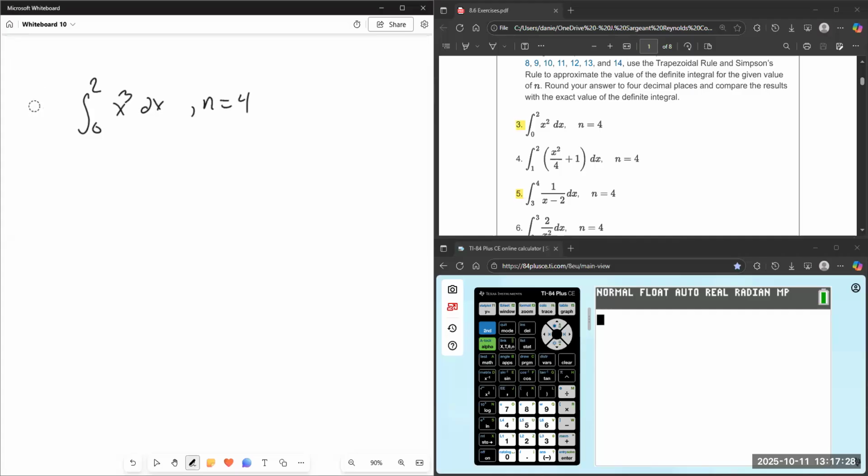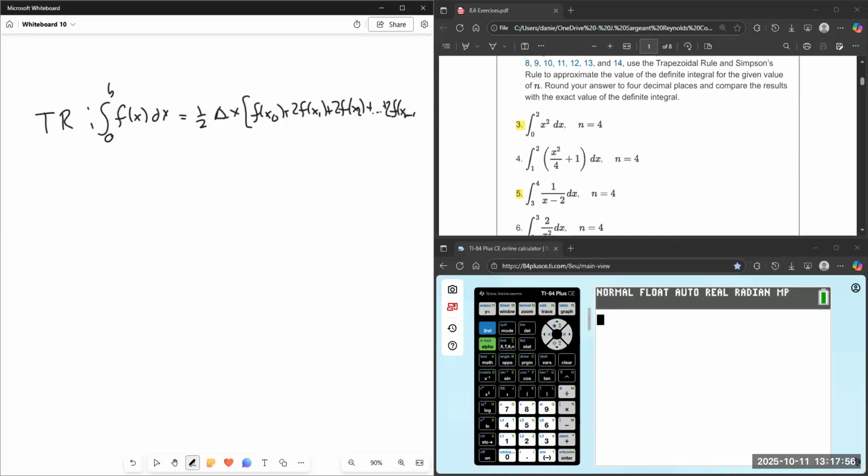Oh, I didn't show you the 2 techniques. Trapezoidal rule, I'll abbreviate TR, is going to be that the definite integral from a to b of f of x dx is equal to 1/2 of delta x times f of x0 plus 2f of x1 plus 2f of x2 plus ... plus 2f of xn minus 1 plus f of xn.